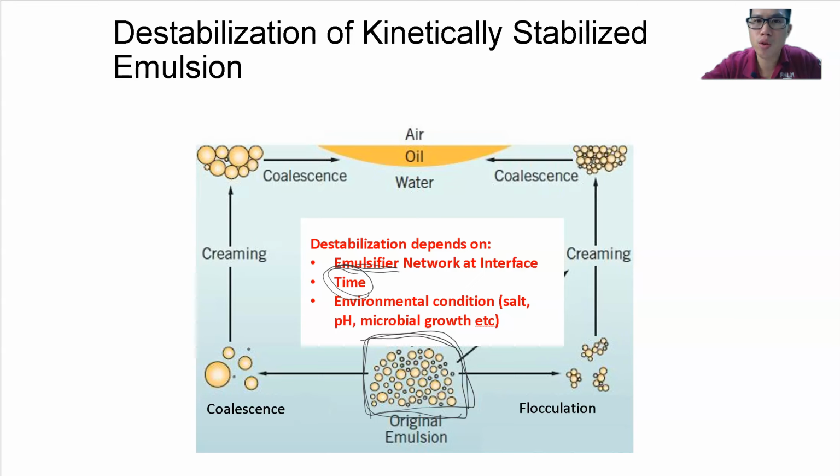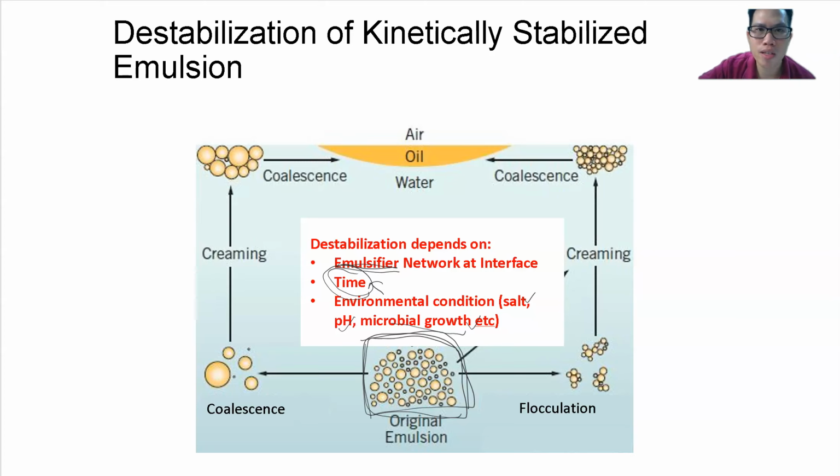As you store longer, they may not be able to stabilize for that long. Especially when your formulation has conditions like salt, pH, or sometimes microbial growth, all these changes in the environment, and when you give enough time, then they can destabilize.